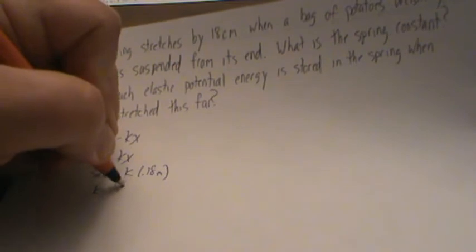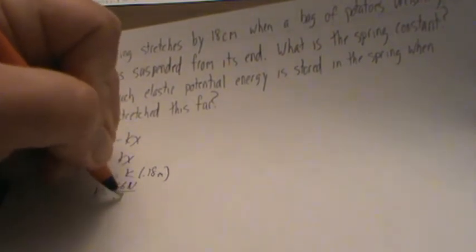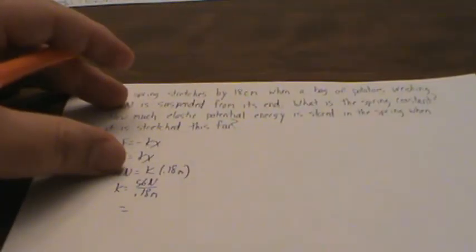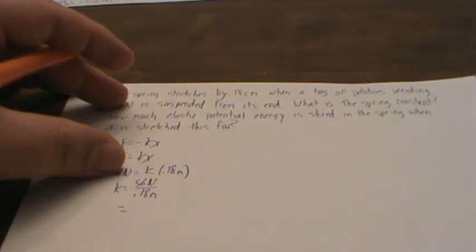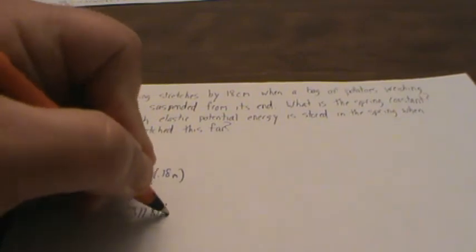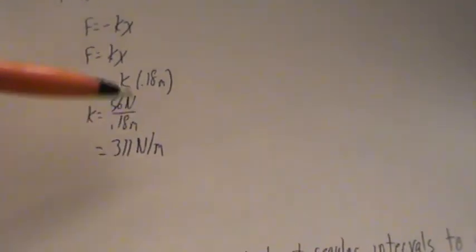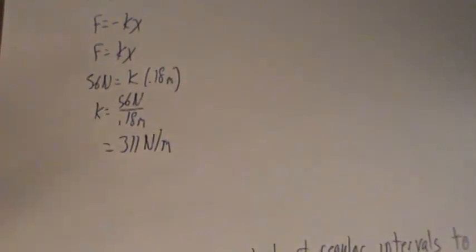So k would be equal to 56 newtons over 0.18 meters. 56 divided by 0.18, and I'm coming up with right around 300 newtons per meter. And for the spring constant, those are the units that we use, newtons per meter. So that's the first part.